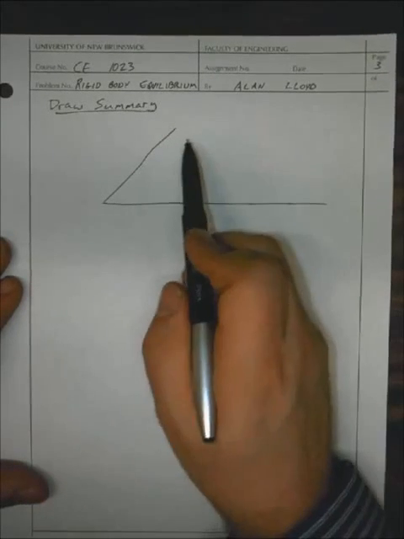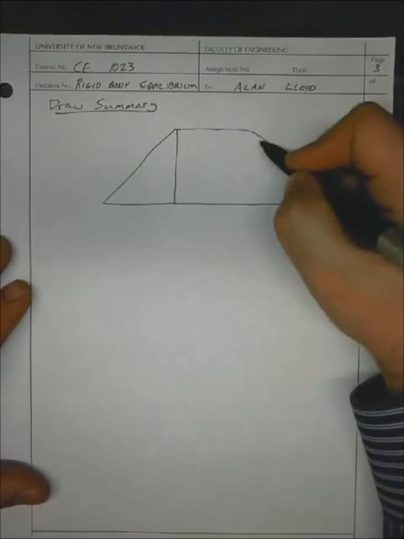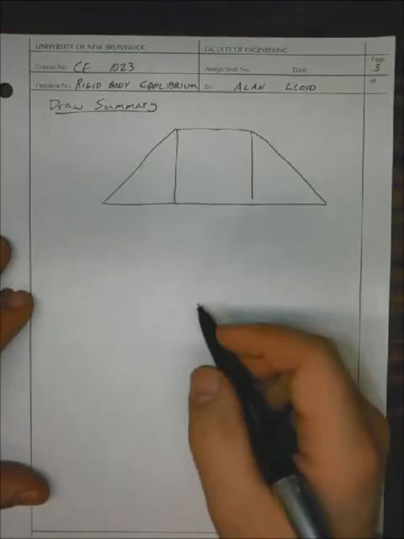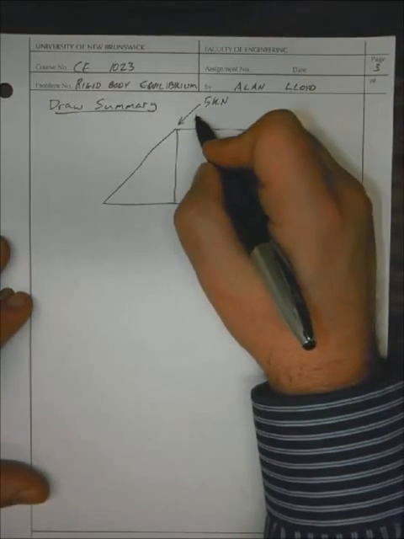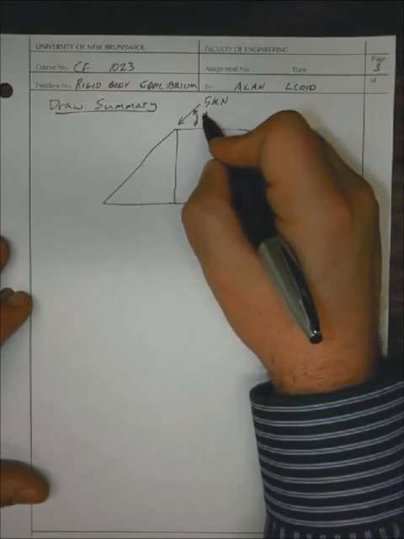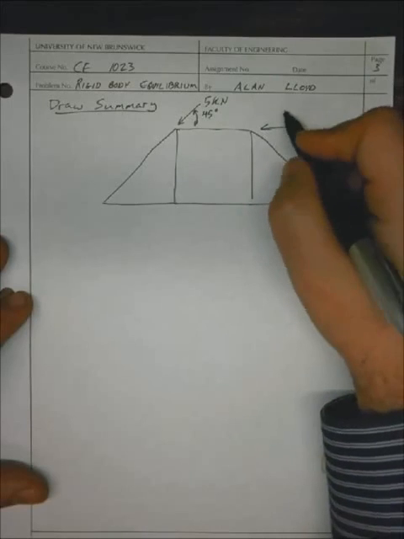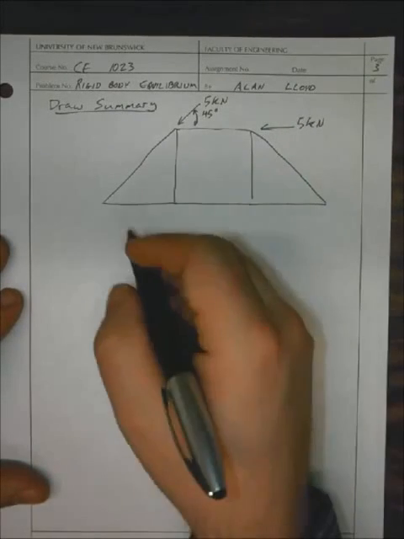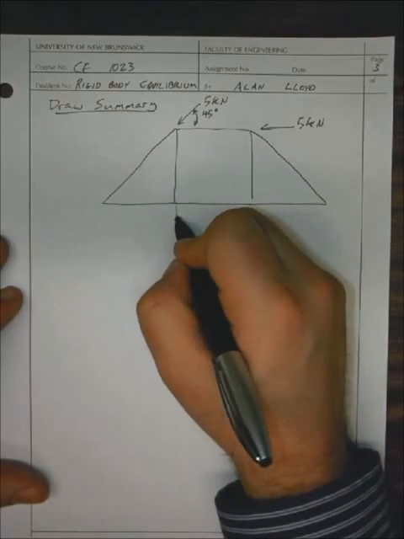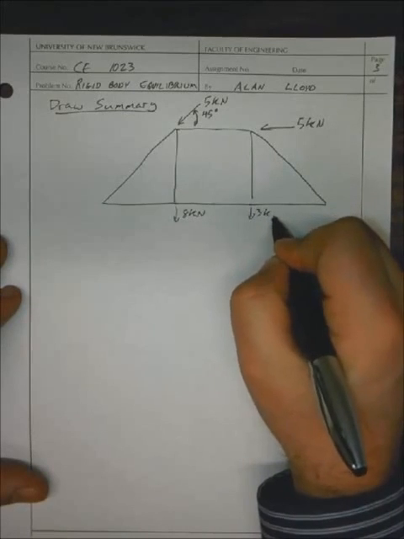We'll go over and down. And we've got those vertical members. And now we can say that we had 5 kilonewtons acting at 45 degrees. We had 5 kilonewtons acting horizontally. We had 8 kilonewtons and 3 kilonewtons.